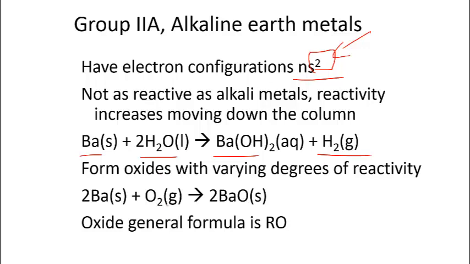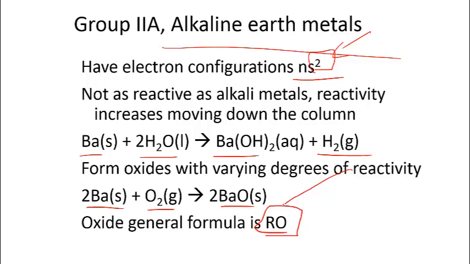For instance, barium solid will react with O2 to form barium oxide. So the oxides that the alkaline earth metals form are in the general form RO, where again, R is just one of the alkaline earth metals. So it could be magnesium, it could be calcium, etc.